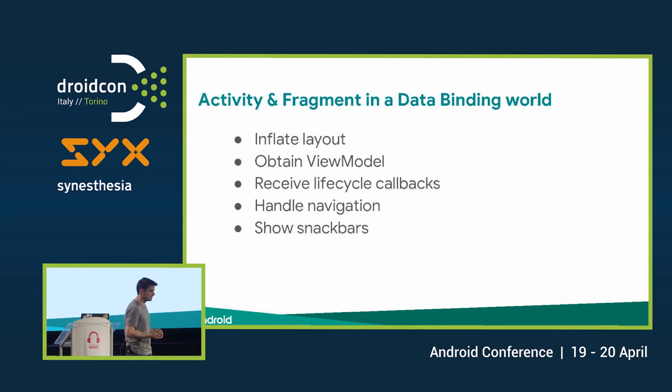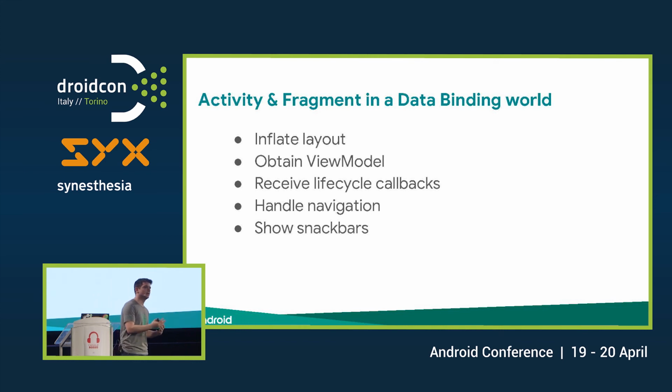Now, the activities and fragments, also they are very dangerous territory because they can be destroyed at any time. They still have some responsibilities. If you use data binding, they still have to inflate the layout. They still have to obtain your view model or a presenter, whatever. They still receive the lifecycle callbacks, although now with architecture components, you can make your components lifecycle aware. They will probably handle navigation.